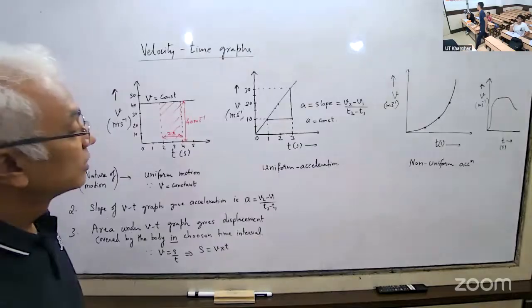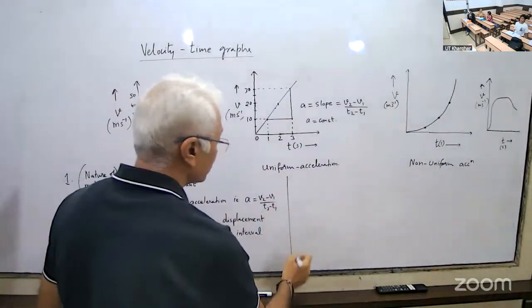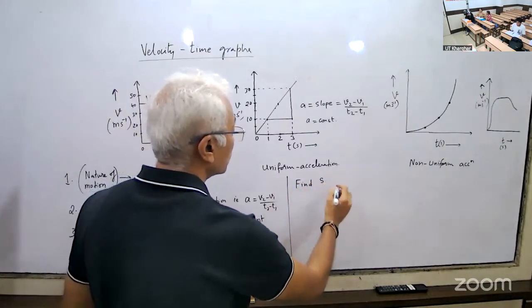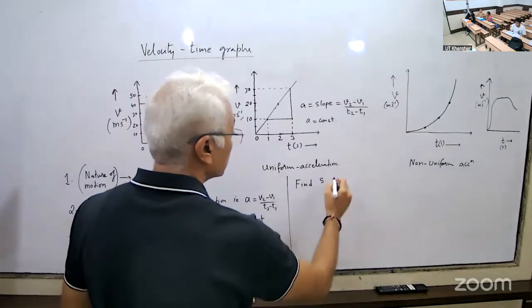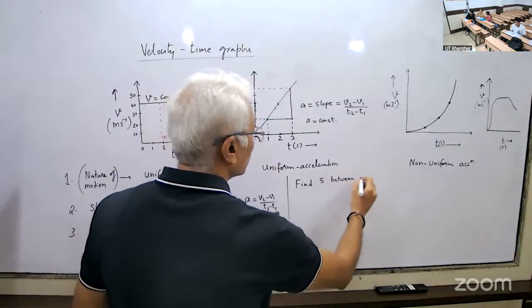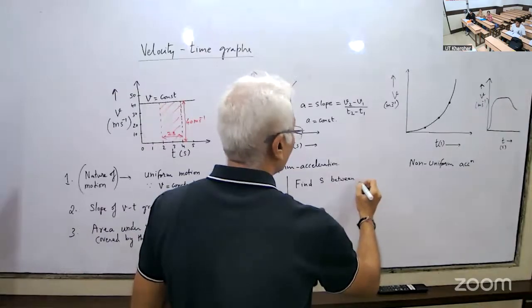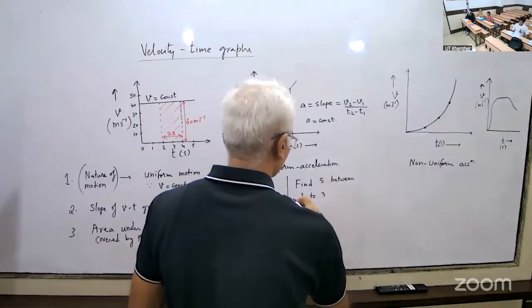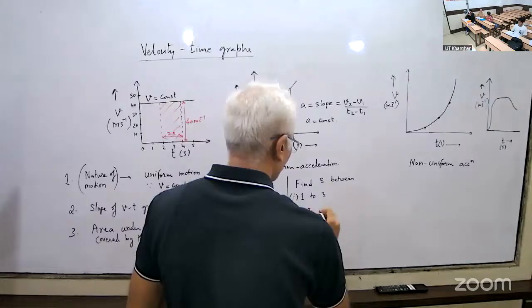Okay. Now, what is the displacement for this graph? Find the displacement between 1 to 3 seconds, in 3 seconds.